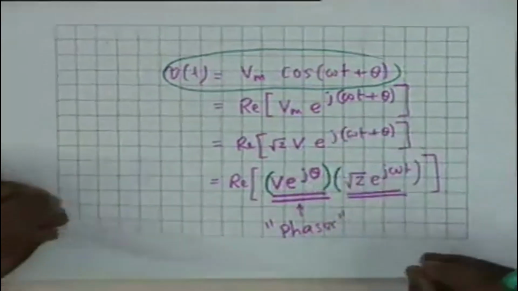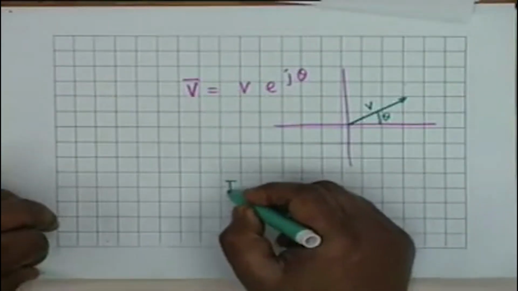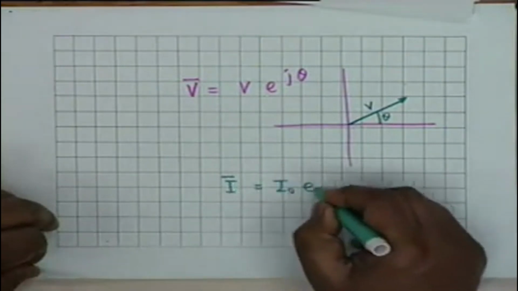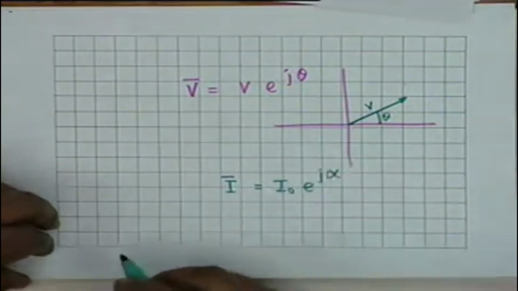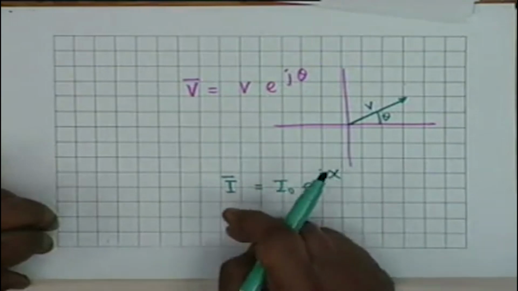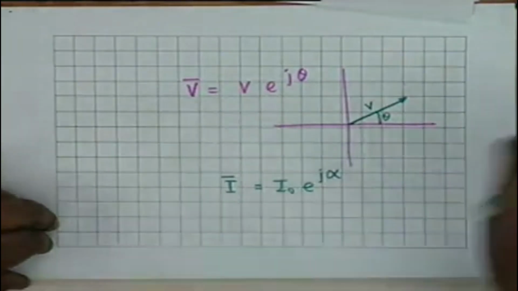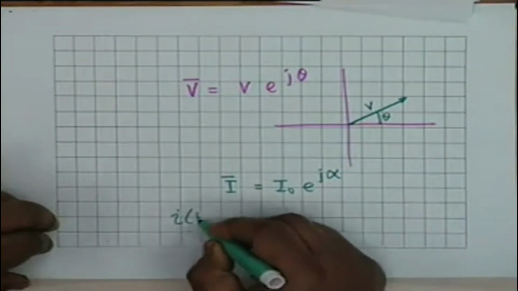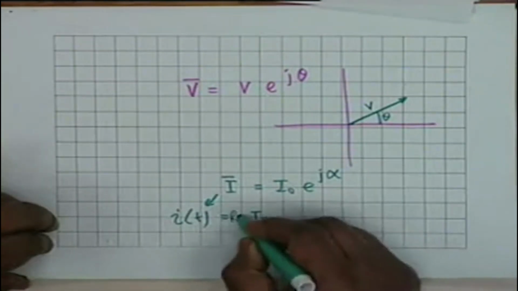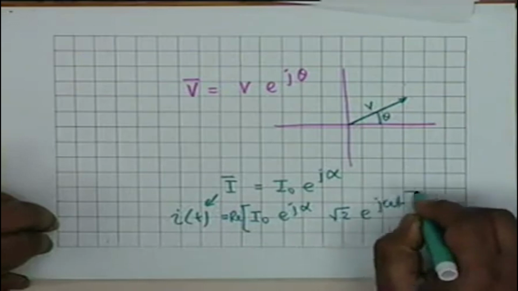Finally, when we get the desired quantity, say a current of the form I0 e to the power j alpha, the corresponding output current must be the real part of I0 e to the j alpha times root 2 e to the power j omega t.